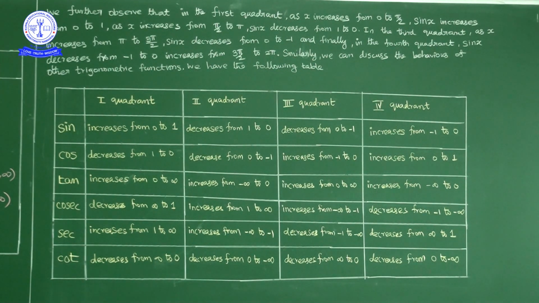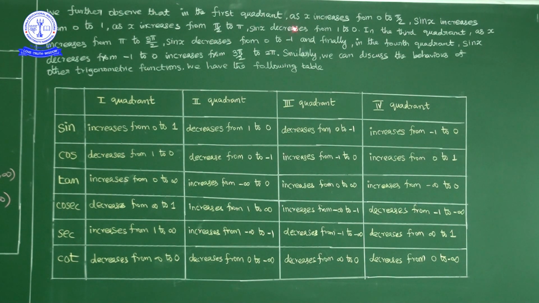First quadrant means 0 to pi by 2, second quadrant pi by 2 to pi, third quadrant pi to 3 pi by 2, and fourth quadrant 3 pi by 2 to 2 pi.